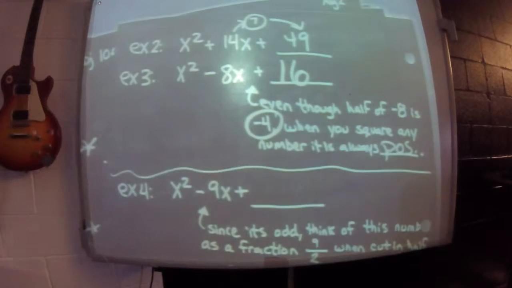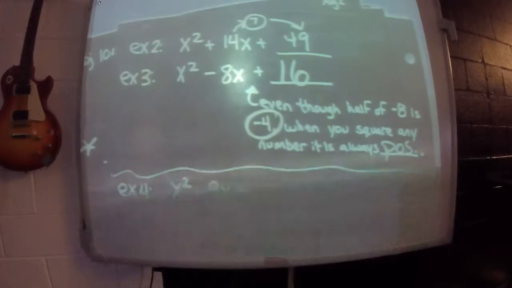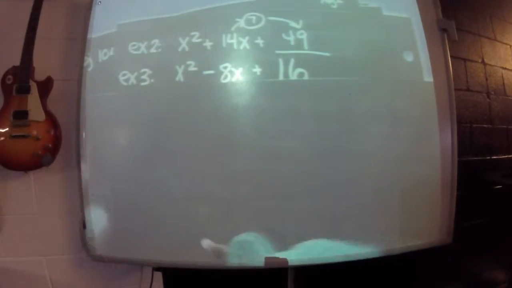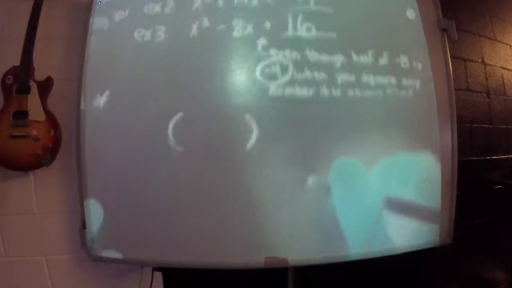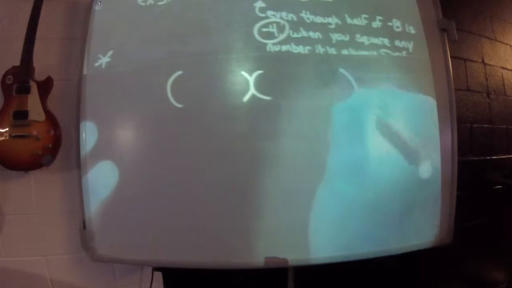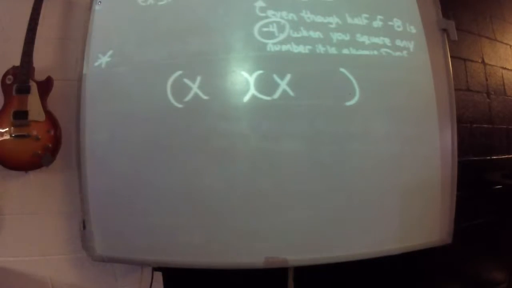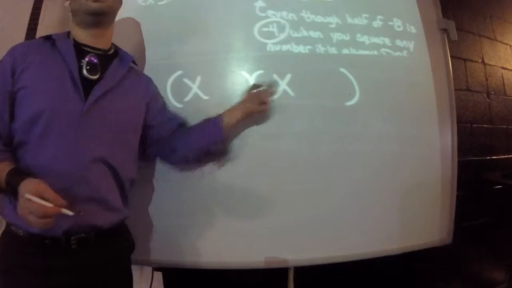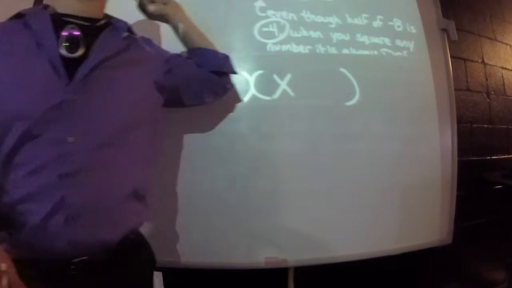Now the one thing that does matter with positive and negative is this. I'm factoring example 3, so let me shift that right there. If I factored this, what number do you think goes in these parentheses? So here's your trinomial, x squared minus 8x plus 16.